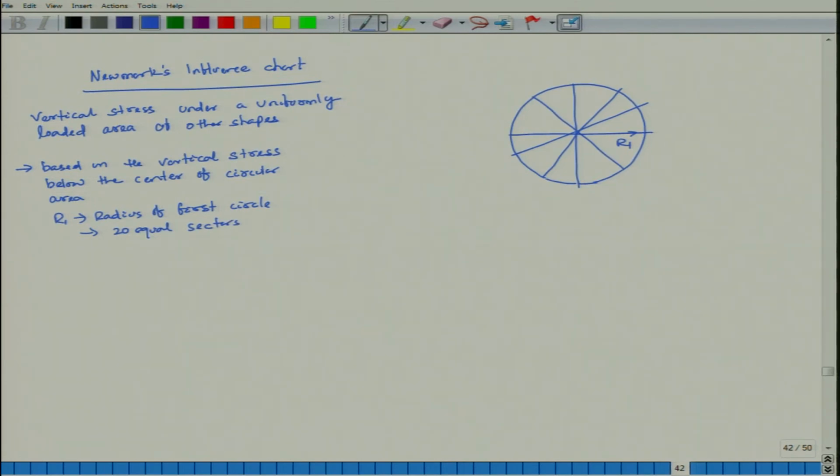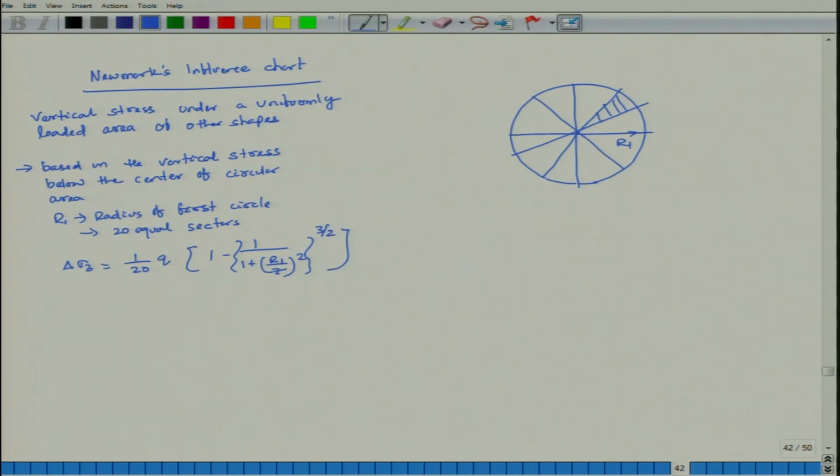So, vertical stress at a point P at a depth Z below the center of the loaded area due to load on one sector, any one of the sector. If I say this is my only one sector, then delta sigma Z should be 1/20th of q into 1 minus 1 by (1 plus (R1 by Z) whole squared) to the power 3 by 2.